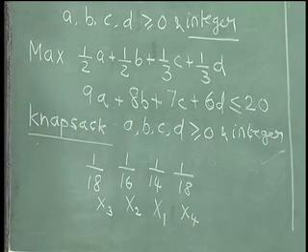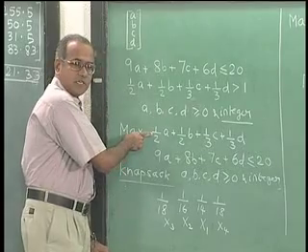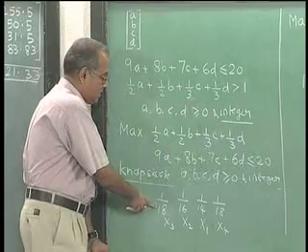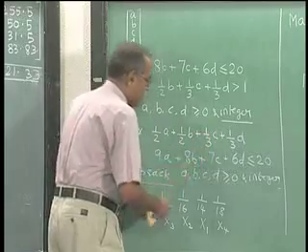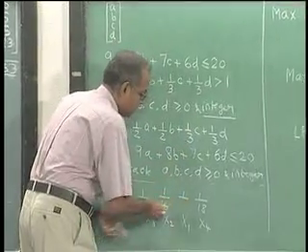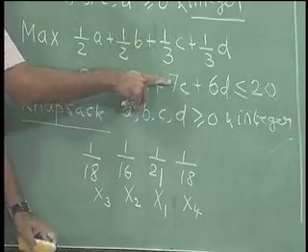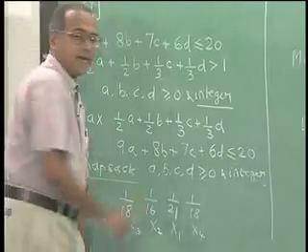Exactly as we did in the previous iteration, we find out the ratio between the objective function coefficient and the constraint coefficient. So, this becomes 1 by 18, this becomes 1 by 16, this becomes 1 by 21, 1 by 3 divided by 7 is 1 by 21, and this becomes 1 by 18.